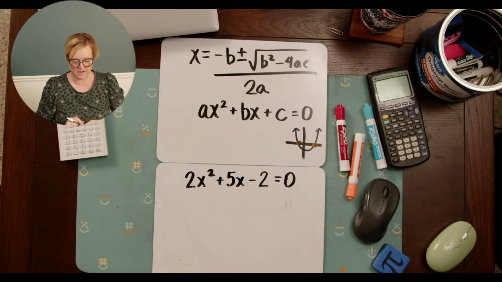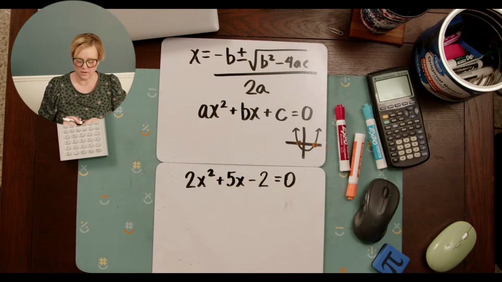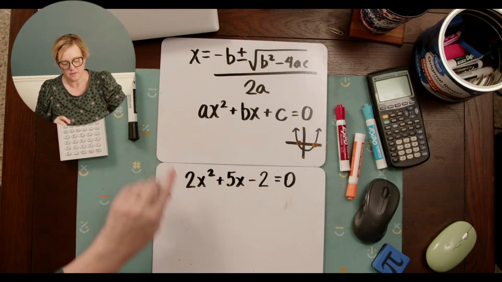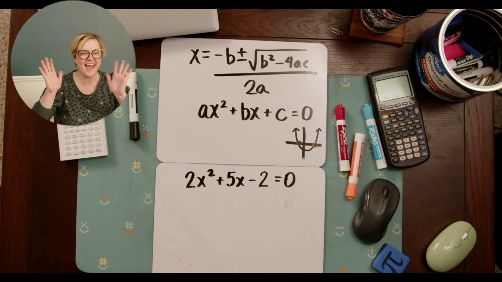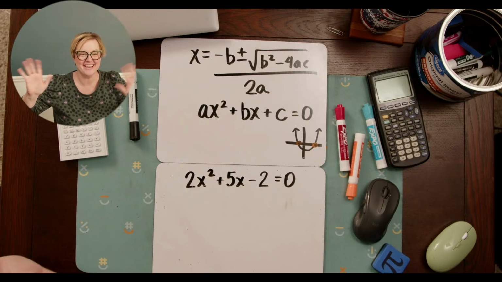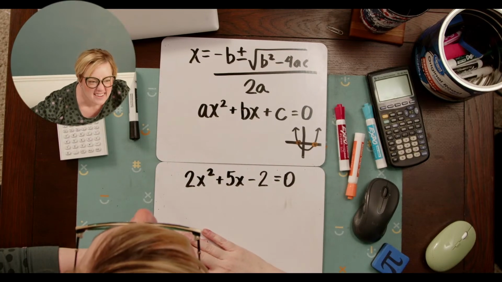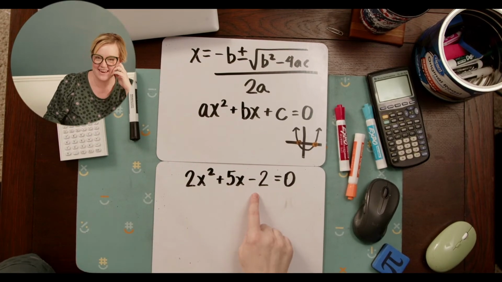Yeah, that one's not going to factor. Negative 4 plus 4 minus 1, no, that won't factor. Okay, so our A is 2, our B is 5, and then negative 2.